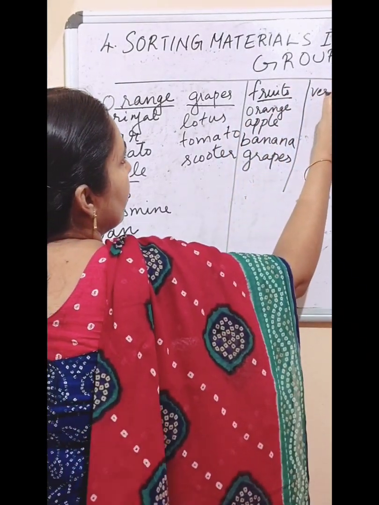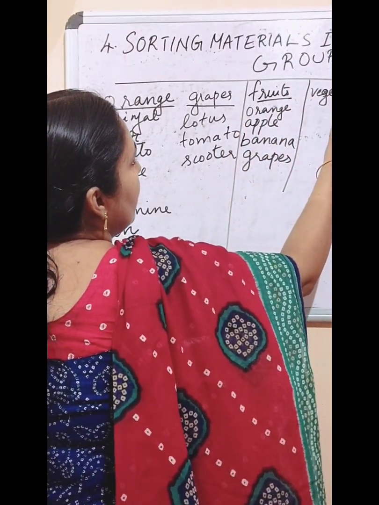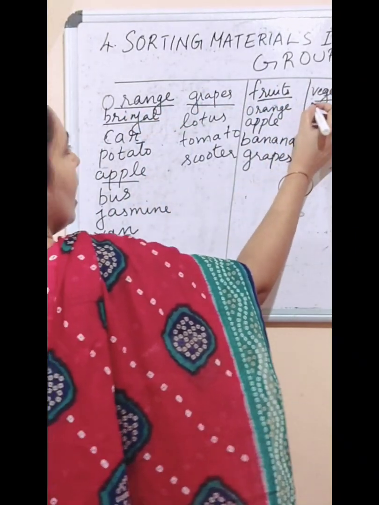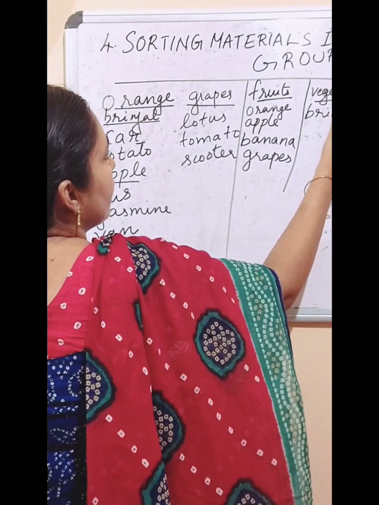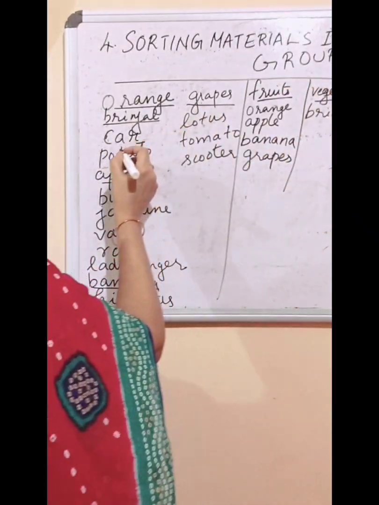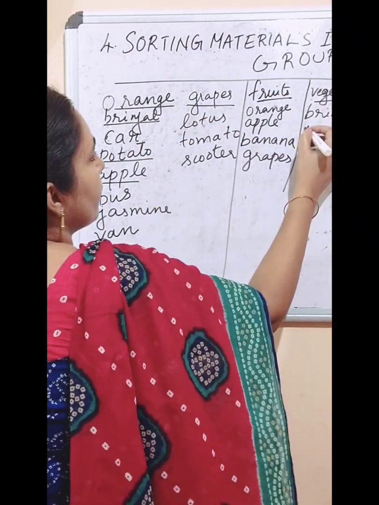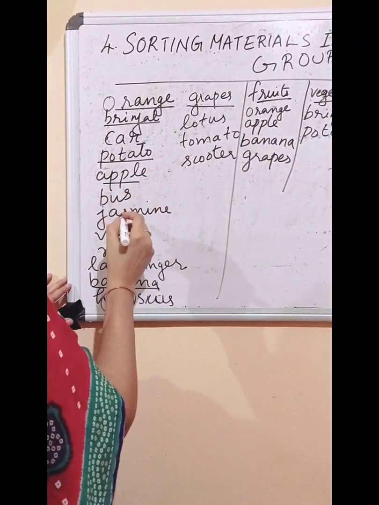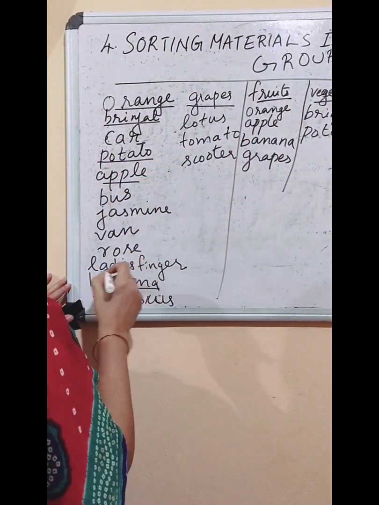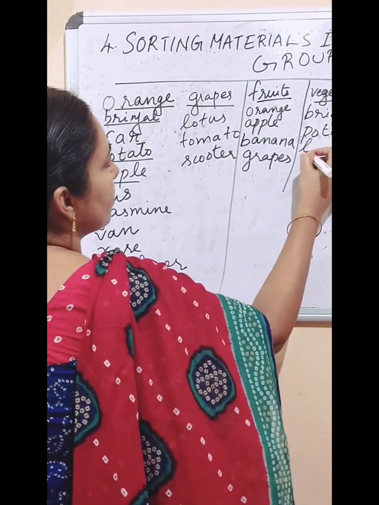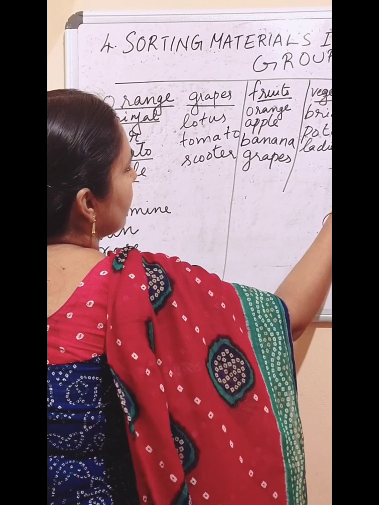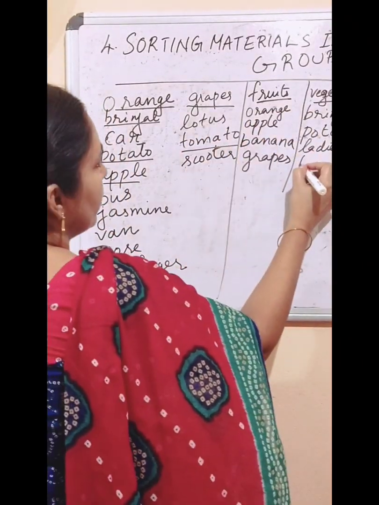Then we can write all the vegetables in another group. So which are the vegetables? Brinjal, then potato, lady's finger, then tomato.